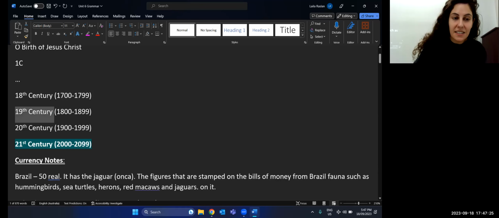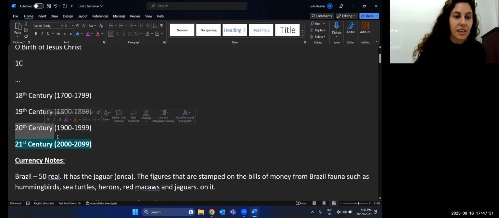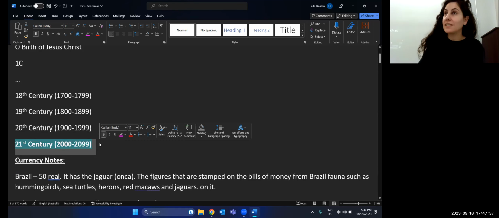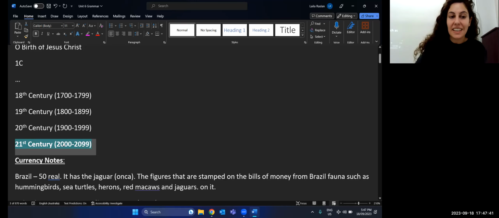The 19th century, again, the 1800s to 1899. The 20th century, 1900 to 1999. And where we are now is the 21st century, the year 2000 to 2099. So we still have a lot of years until we finish this century and go on to the next.